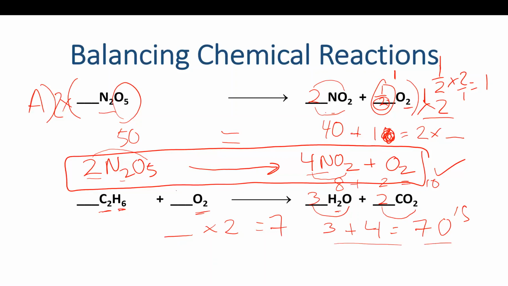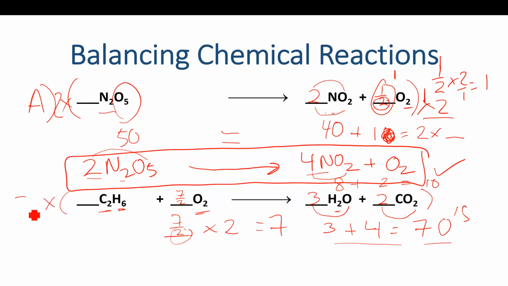So 2 times what number is 7? That's easy. 7/2. Now some of you might think of that as 3.5. That's okay. I like fractions because the fractions, the 7/2, shows me what I need to get rid of that half in the denominator. I need to multiply everything by 2.